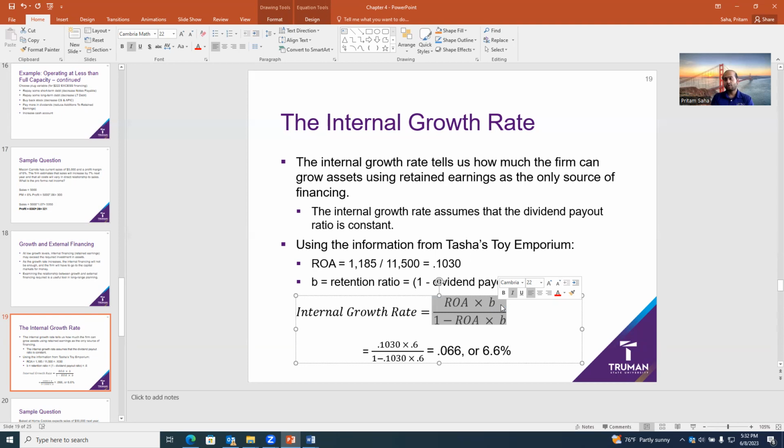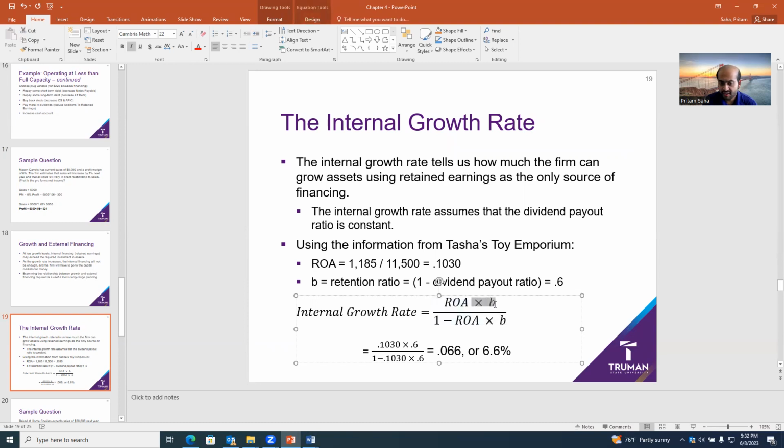And you can also find this ratio from 1 minus the dividend payout ratio, because I told you dividend payout ratio plus retention ratio is 100% or 1. The ratio is calculated in a way which shows you what the usage of net income is. And I told you the usage of net income has two parts: one is paying dividends and the second one is retaining within the firm.